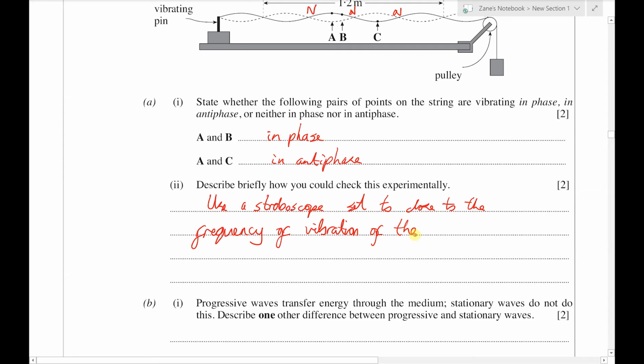Now what will happen then is that we'll see the string will appear to move up and down in slow motion. That would allow us to hopefully see that particle A was moving upwards while particle C was moving downwards, for example.